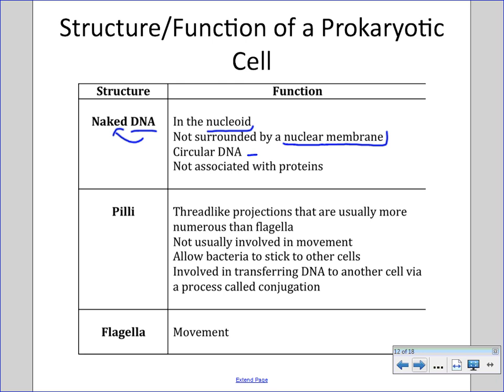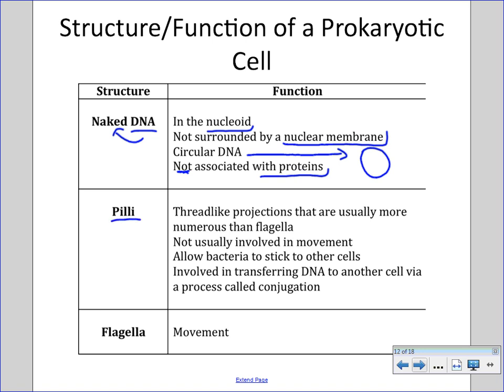The DNA is going to be circular, meaning it's literally a circular structure. What makes the DNA naked is that it is not associated with any proteins. So it is just the DNA by itself.